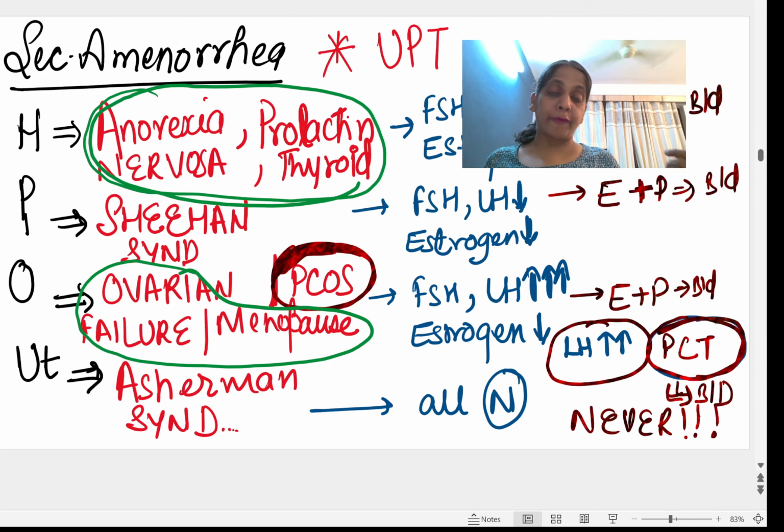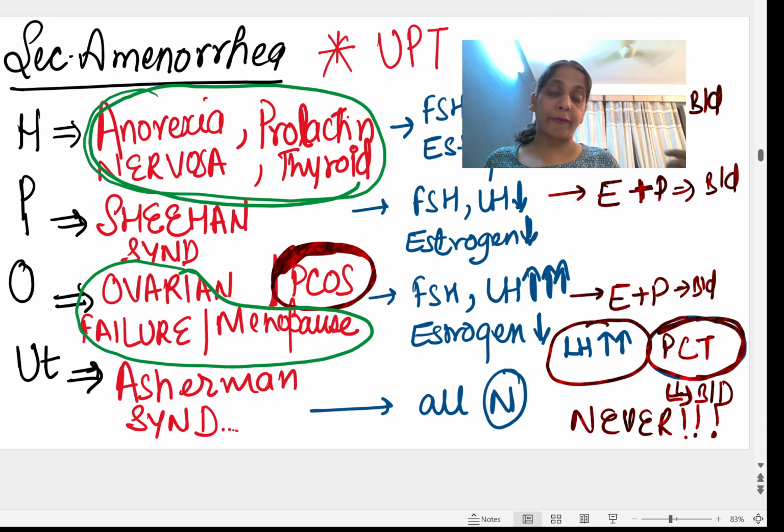If it is complex endometrial hyperplasia without atypia, then the chances are 3%. If it is simple hyperplasia with atypia, then the chances are 8 to 10%.